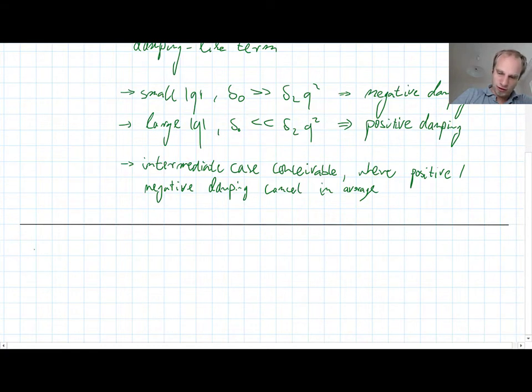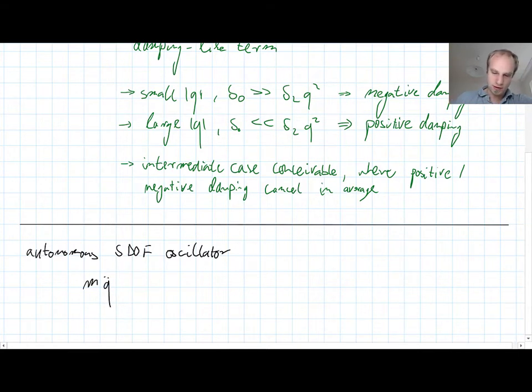So from now on, we treat a more general situation. So we consider the general autonomous single degree of freedom oscillator. So again, we have inertia forces.